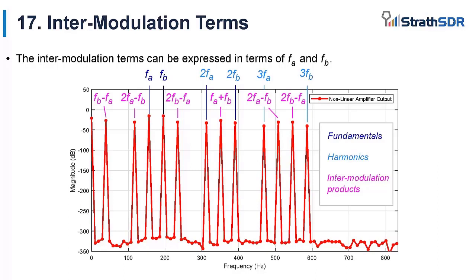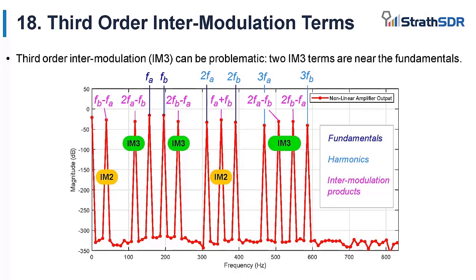If this signal was then to pass into an analog to digital converter, sampling at a frequency of 1 kHz, as we previously considered, then the uppermost 3 terms here would all alias down to sit below 500 Hz. In this figure, we've introduced labels to differentiate between second and third order intermodulation products.